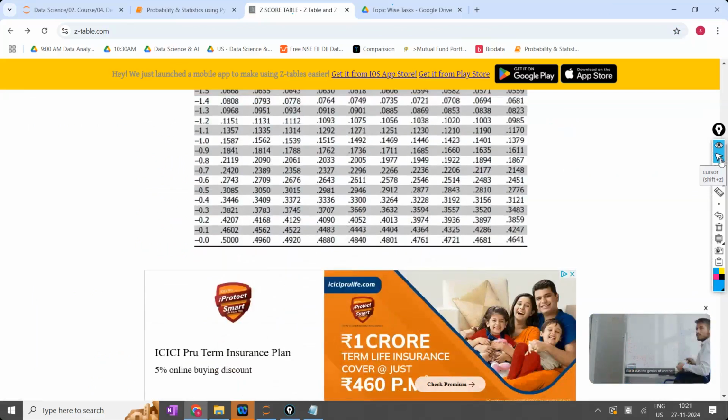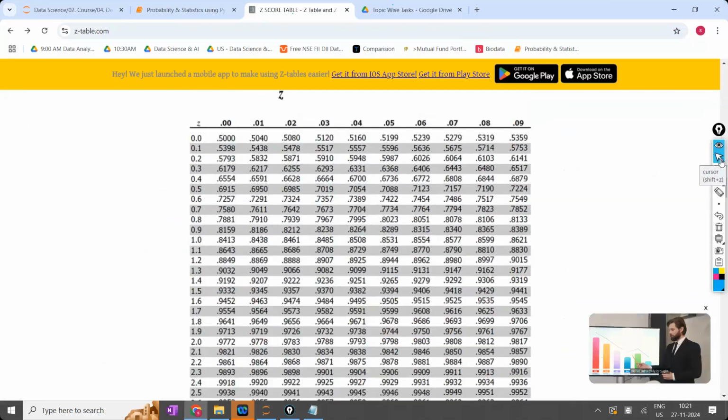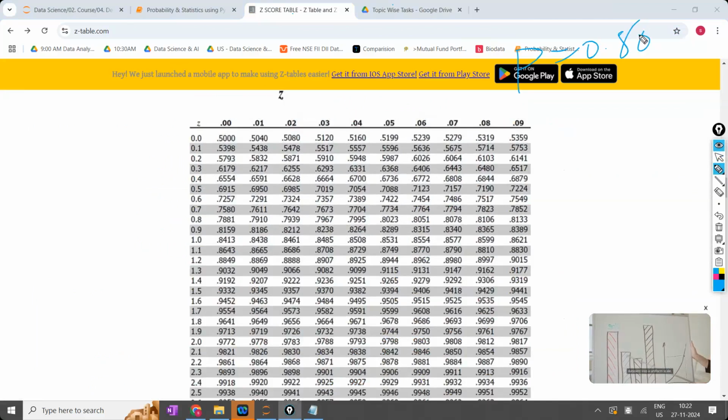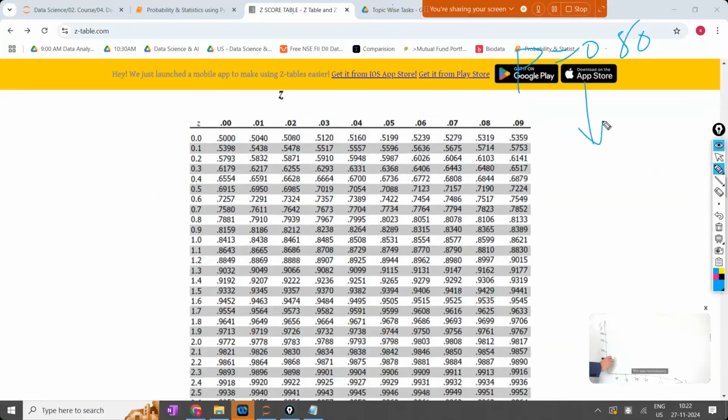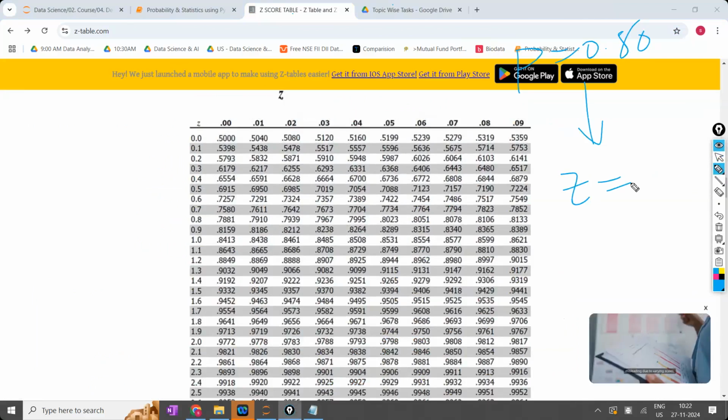Okay. Now, let us try this example. One number I am going to give. What is that number? 0.80. Probability value is 0.80. This is not Z-score. It is probability. From the probability, what you have to tell me? Z. Now, where is 0.80? 0.7677, 0.7878, 7879, 7995.